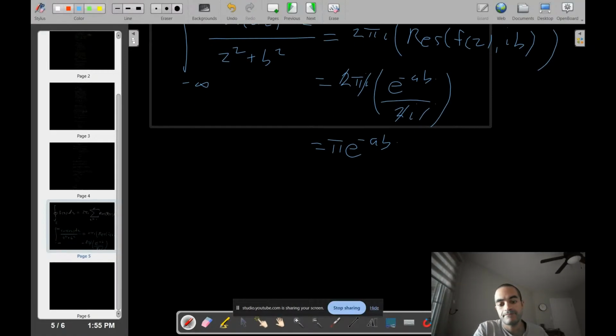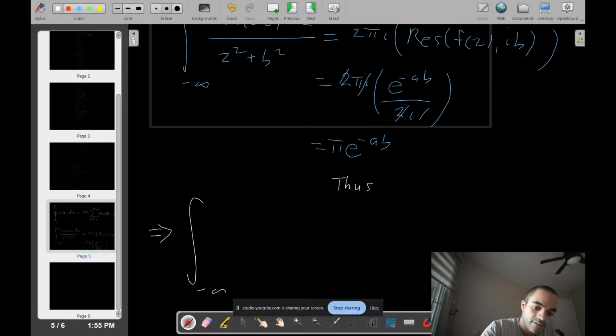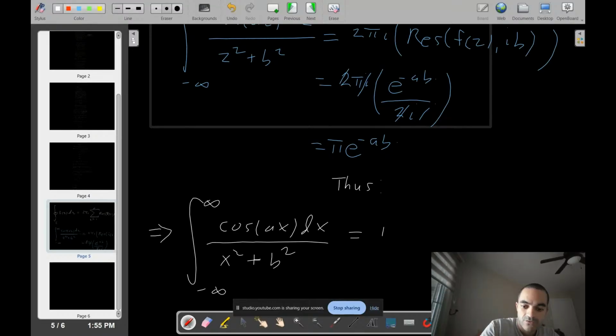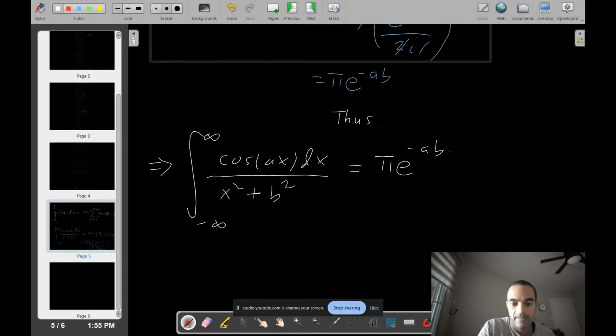Thus, this implies that the integral from minus infinity to infinity of cosine of ax dx divided by x squared plus b squared is equal to pi e to the negative ab. And that is our solution.